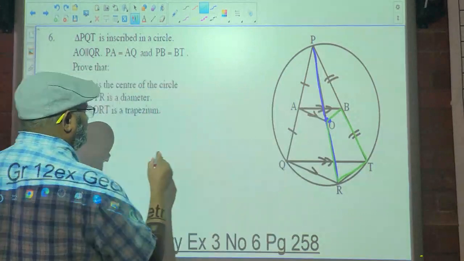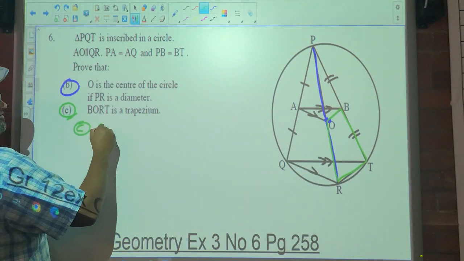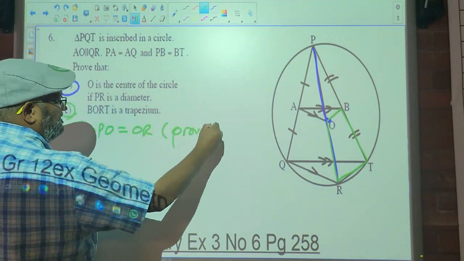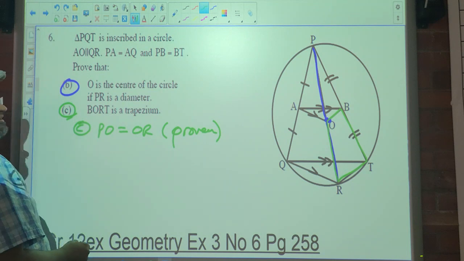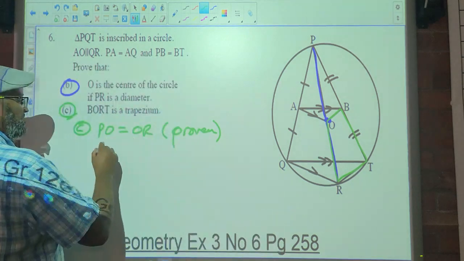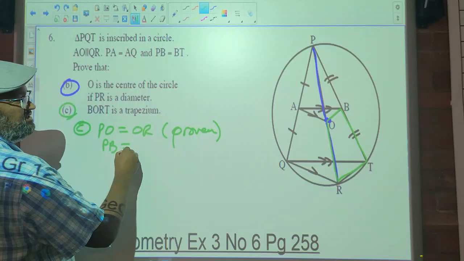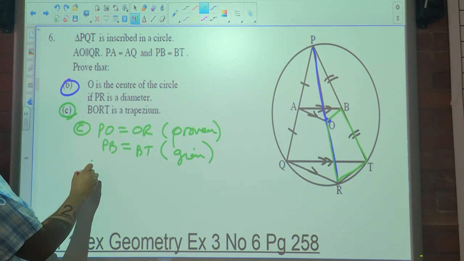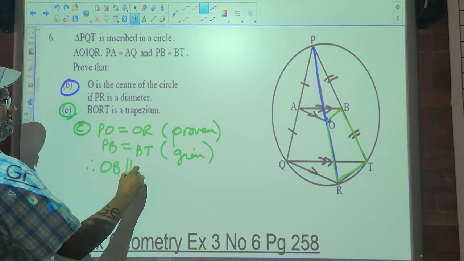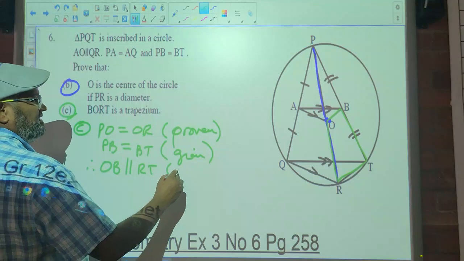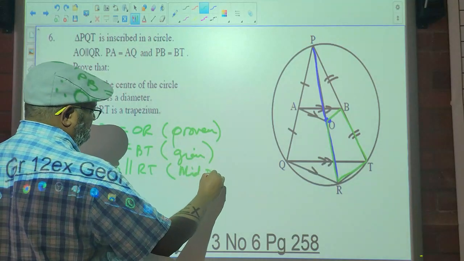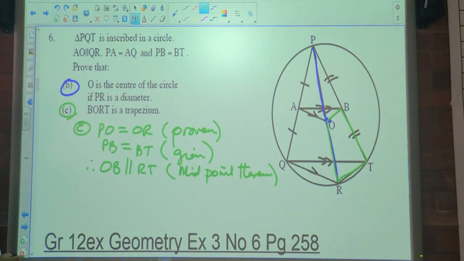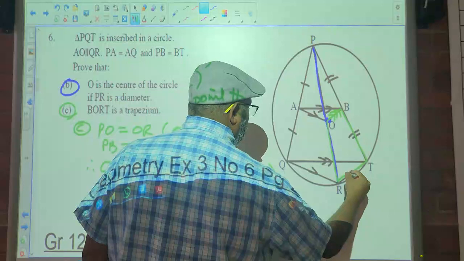We know that PO is equal to OR. Why? Proven, not given. Proven. Then PB is equal to BT, given. So therefore OB is parallel to RT. Why? Midpoint theorem. That line is parallel to that line.